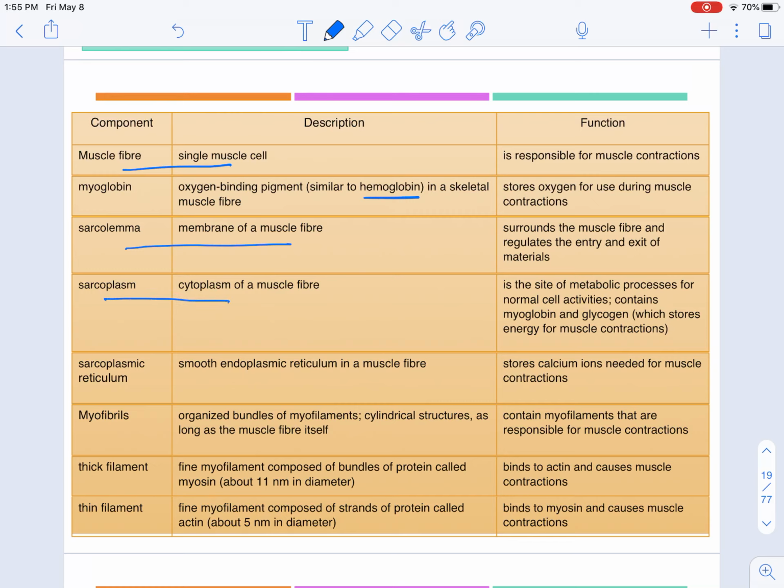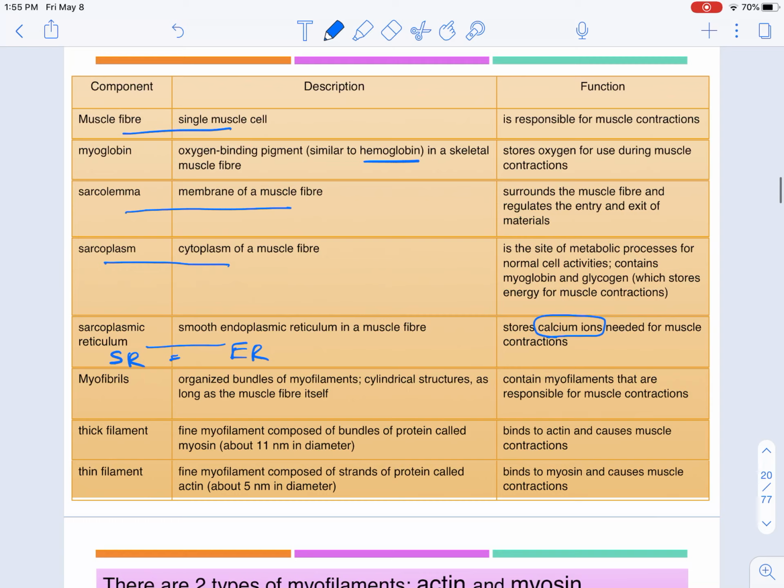The cytoplasm, instead of calling it cytoplasm in a muscle cell, is called sarcoplasm, just the fluid carrying organelles. SR, sarcoplasmic reticulum, is the same as ER, endoplasmic reticulum, those channels. Specifically, we will talk a lot about how it carries and holds and stores calcium for the muscle contraction process.